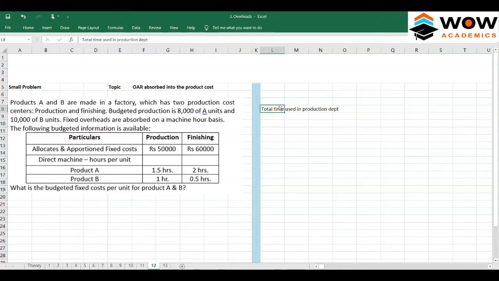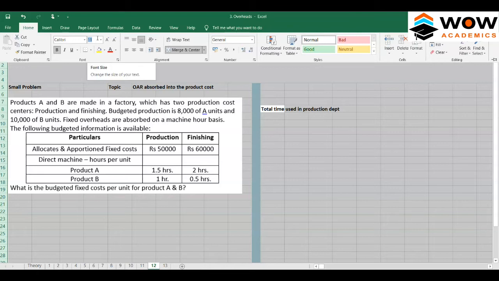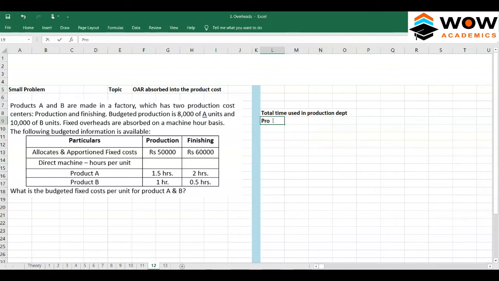So there are two products here, product A and product B. Product A spends 1.5 hours and 8,000 units are produced. He has given 8,000 units.